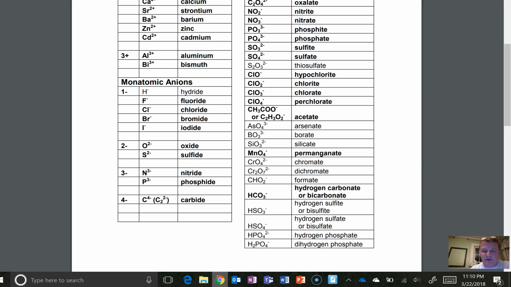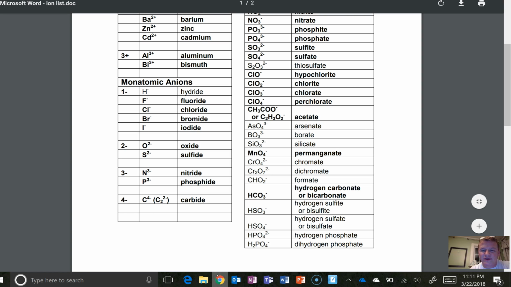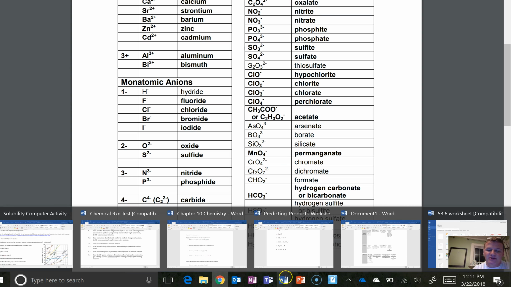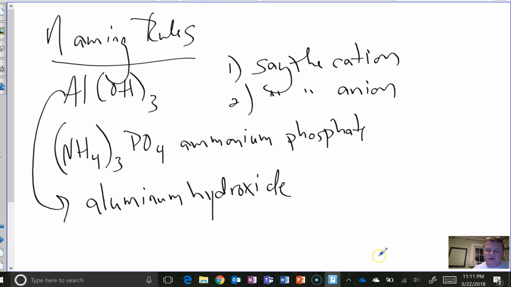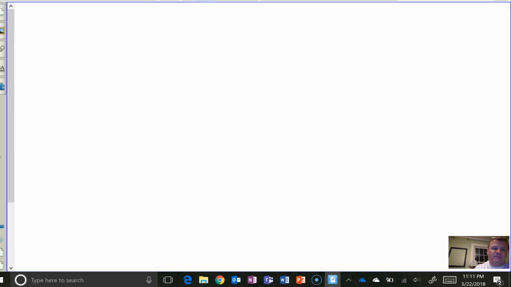Okay. There's one last thing that I want to go over. If you notice here, pay attention to chlorine. Chlorine has 1, 2, 3, 4 different oxyanions. So what that does is it throws a little wrench into our naming rules.